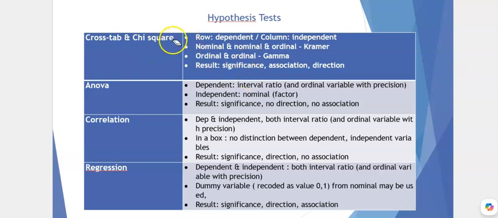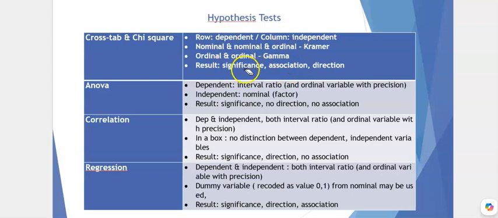So for instance, an example of the chi-square can be whether there is a relationship between gender, so female and male, and social media platforms like Twitter, Facebook, and Instagram, etc. The dependent variable is the social media platform, and the independent variable is gender, female or male, and then you can find how they are related.